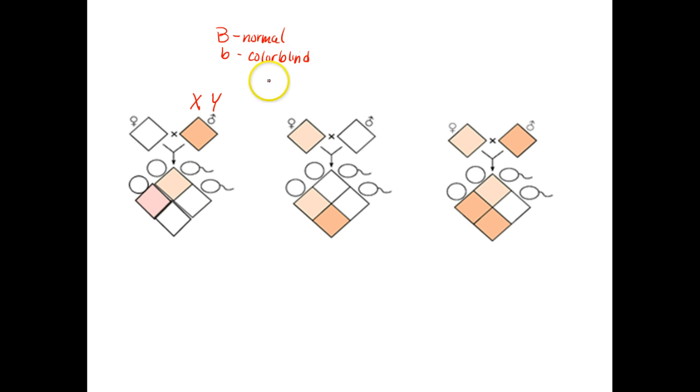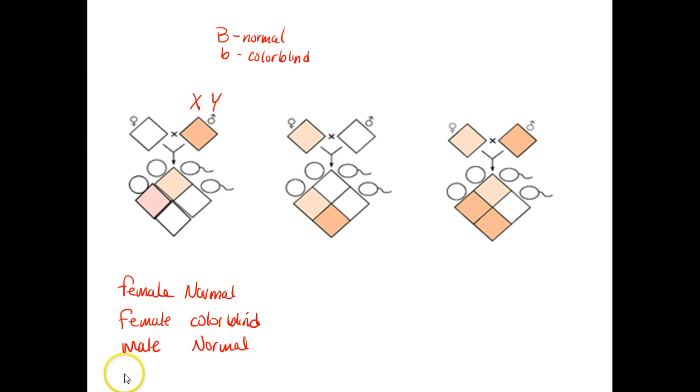So the possible phenotypes that I can have are female, normal; female, colorblind; male, normal; male, colorblind.